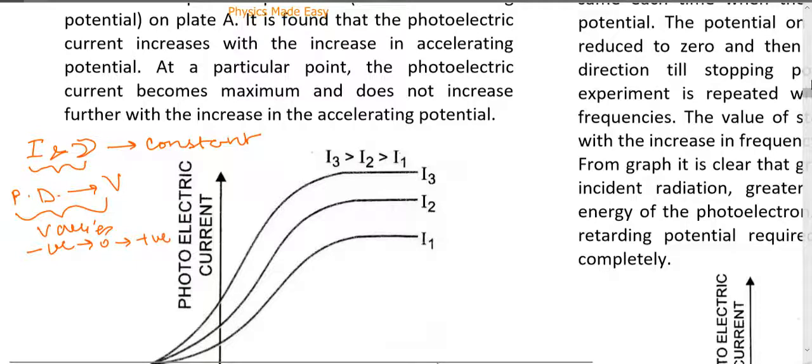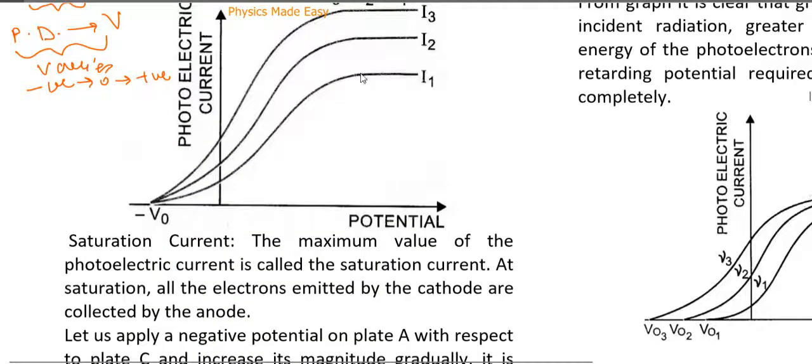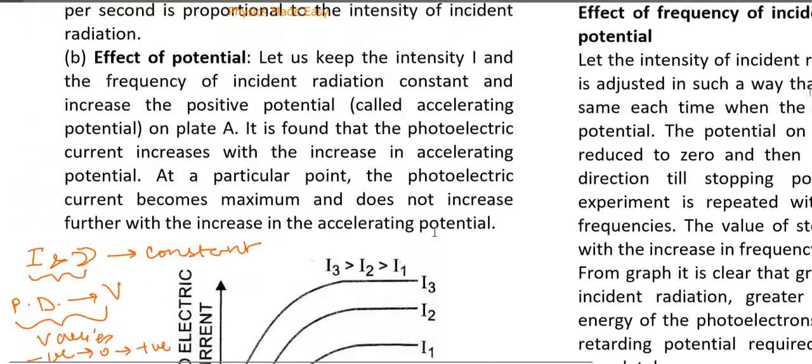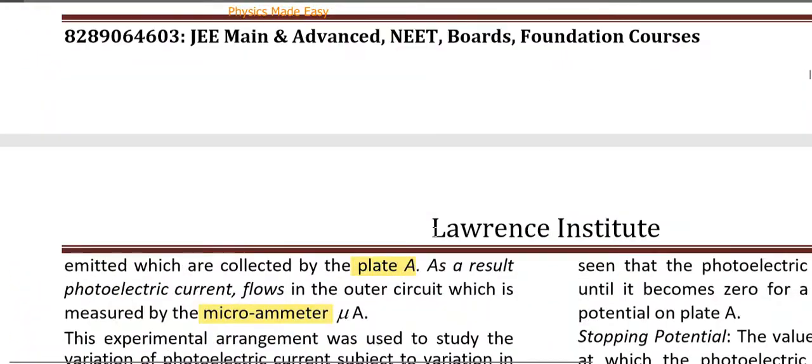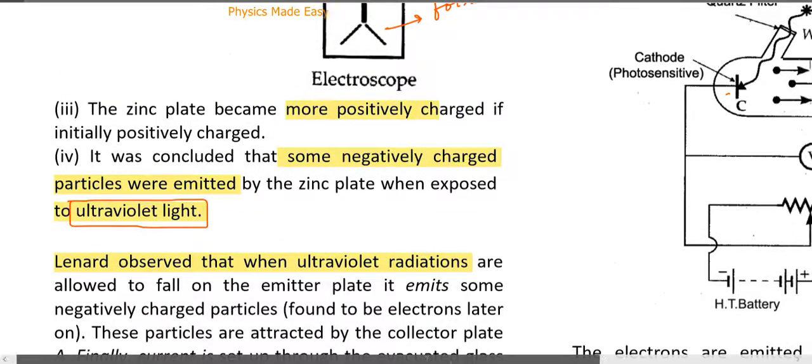Now, for one curve, we have kept intensity constant. So, minus V naught is negative potential. Here, anode is put at negative potential. I will go to the above diagram to explain this thing.